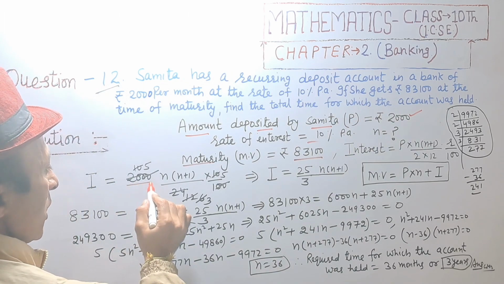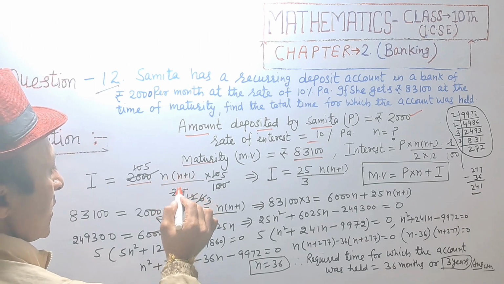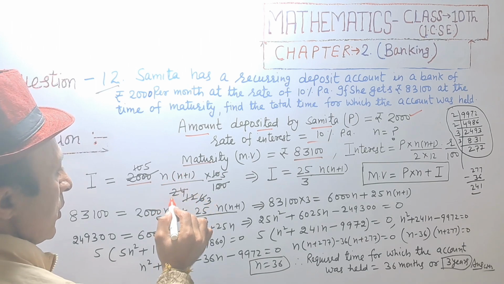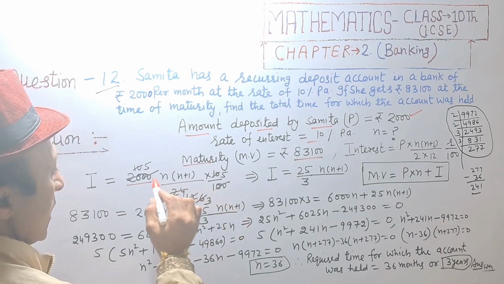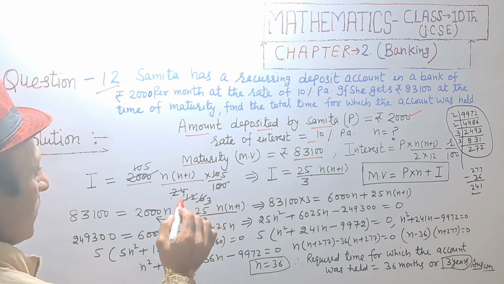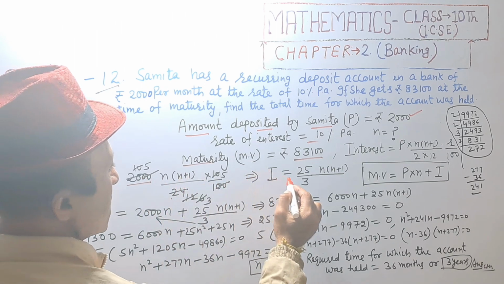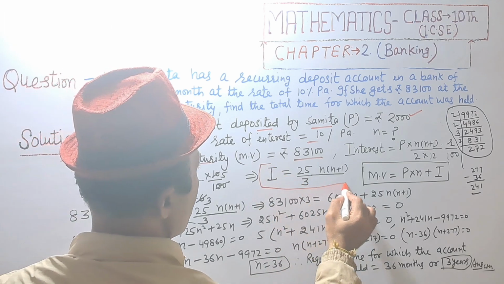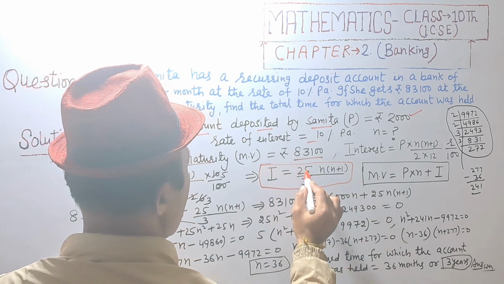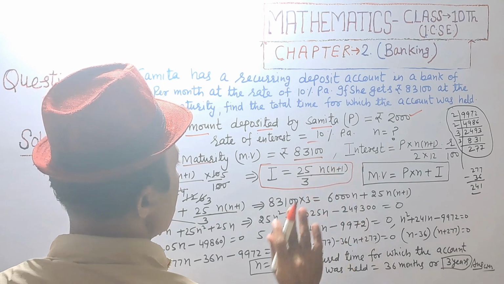P is equal to 2000, 12 twos are 24, into 10 upon 100, 0 is cancelled, and we get interest equal to 25 upon 3 N into (N plus 1).